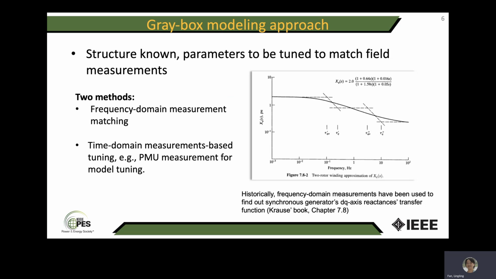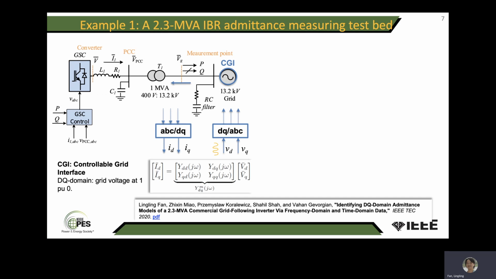Historically this has been used for the synchronous generator DQ frame, DQ axis reactance, and this figure is taken from the Kundur book, chapter 7.8. You can see this is the reactance in the frequency domain, and there's a figure showing it here. So we can tune the parameters and match that, given what we know about the meaning of these parameters.